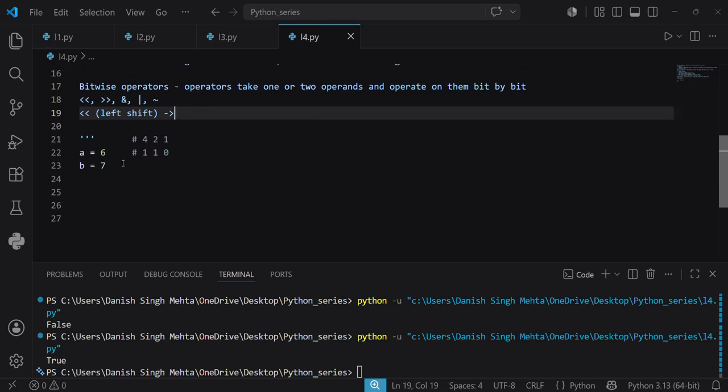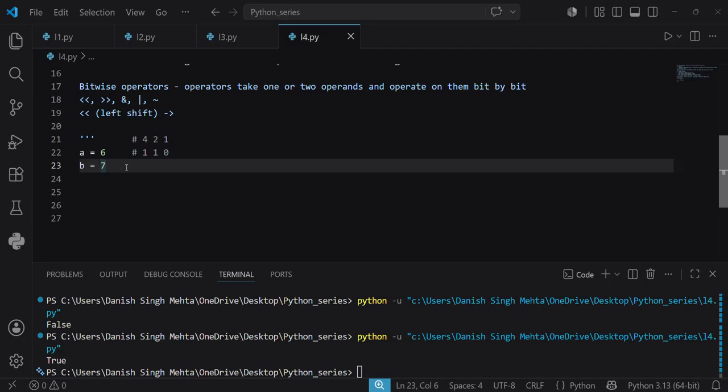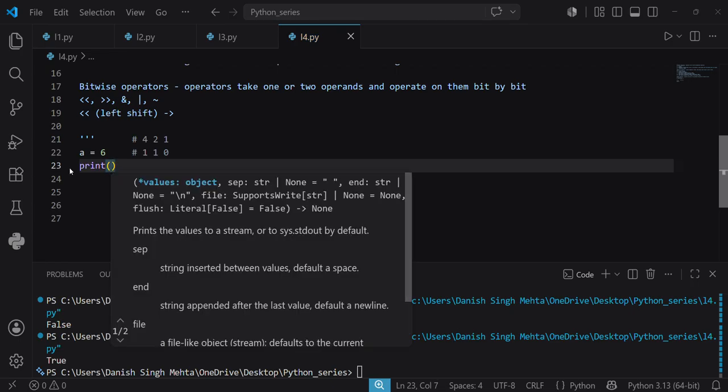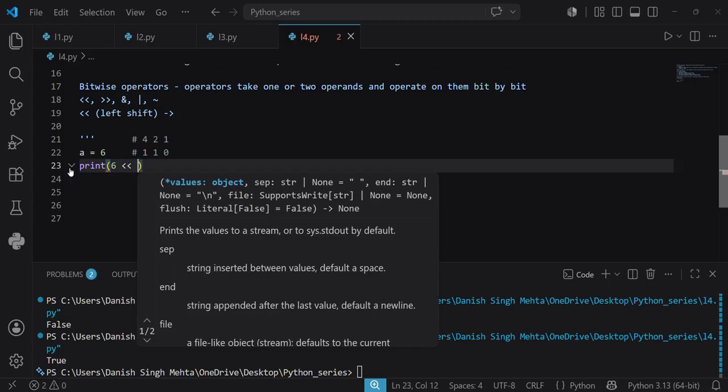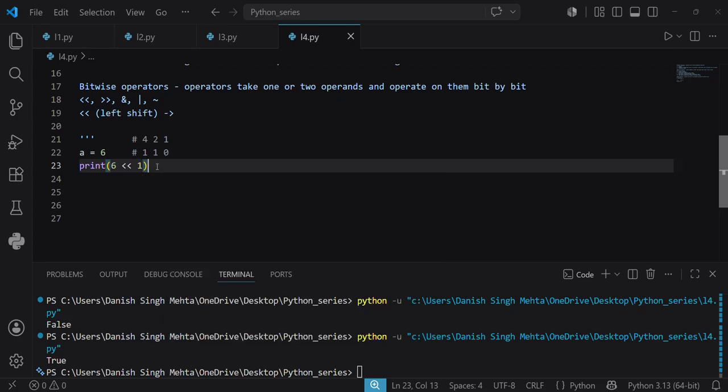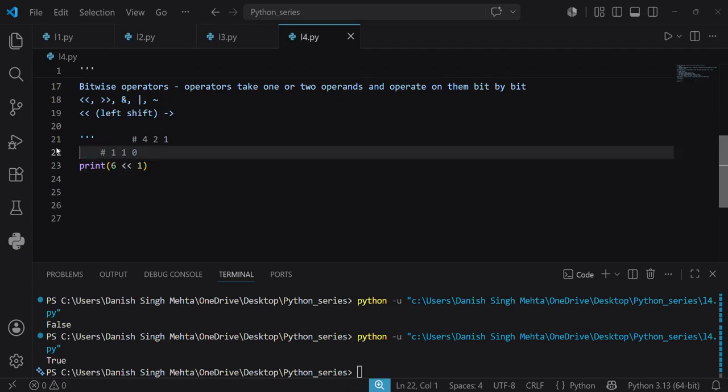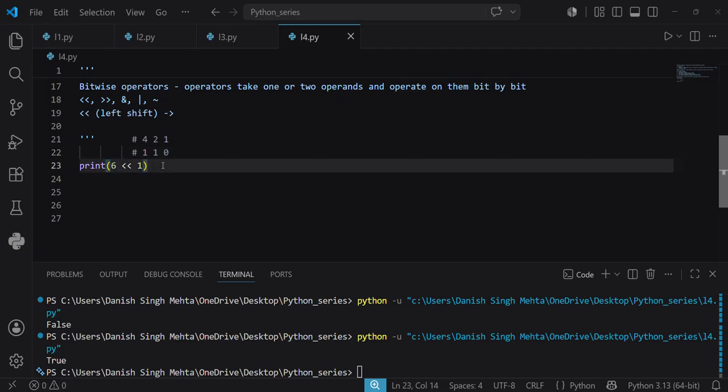What does this mean? Like if I have a variable a and I print 6 left shift 1. So what does this mean?